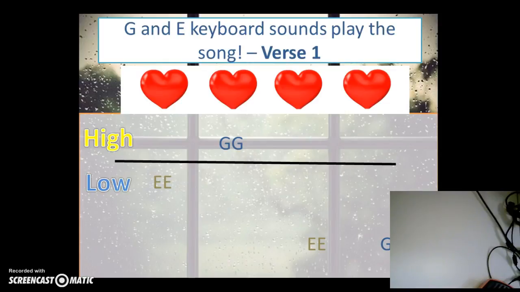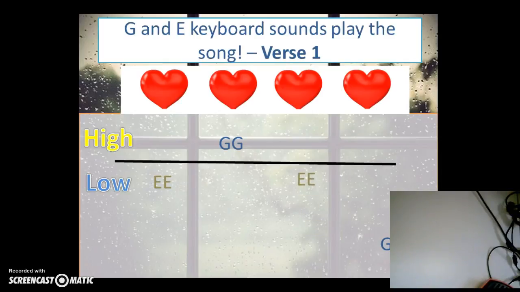That's going to be either a low, low, high, high pattern. So we got to figure out where they're going to go. So the bottom part of low, is that going to be E, E, or G, G? The third beat, is that E, E, or G, G? It's pitter. So it would be E, E.